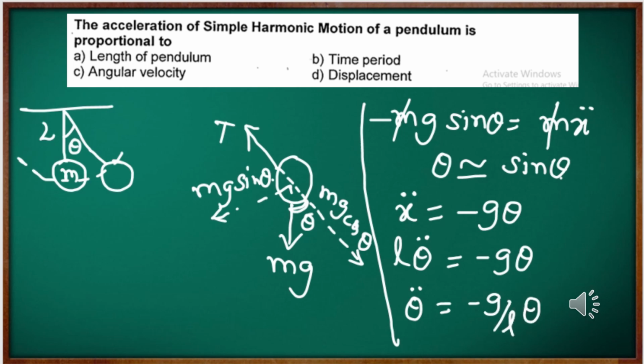So we can say that angular acceleration is directly proportional to displacement and inversely proportional to length. So the correct answer is option D, displacement. It holds true for a pendulum, spring mass system, shock absorbers and swings in the park. Whatever follows simple harmonic motion has to satisfy that acceleration should be directly proportional to displacement.